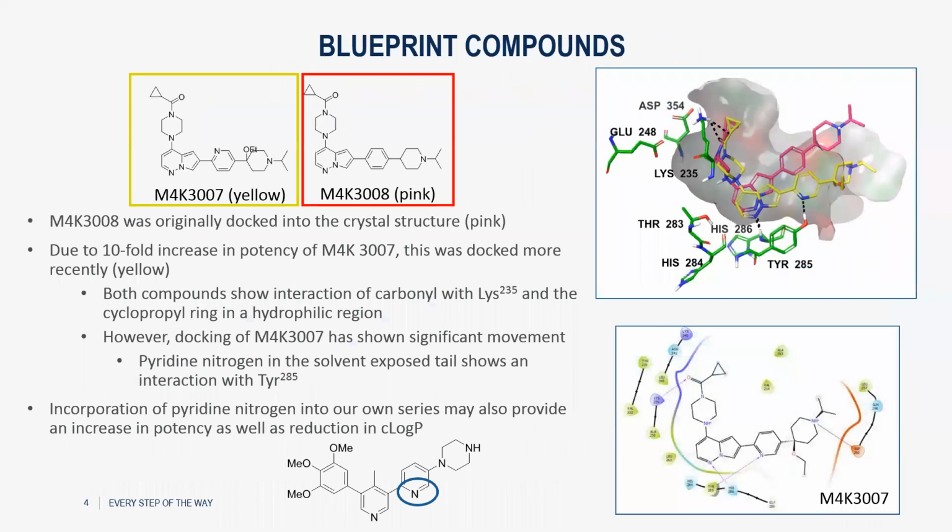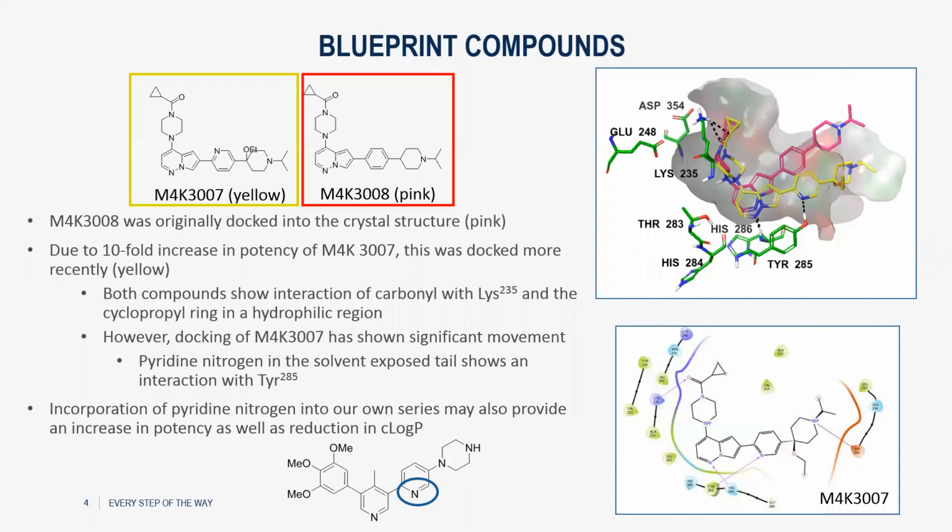So the original compound that we docked actually was M4K 3008, which, as you saw previously, was about tenfold less potent than 3007. So if you look on the right-hand side, the compound in the pink shows the interaction at the hinge, the cyclopropyl carbonyl interacts with the lysine, and then the piperazine phenyl group goes out towards solvent.